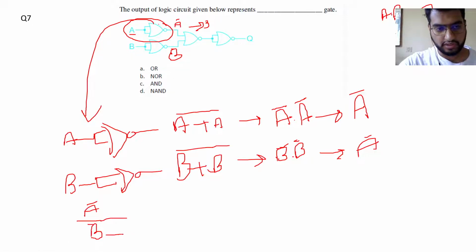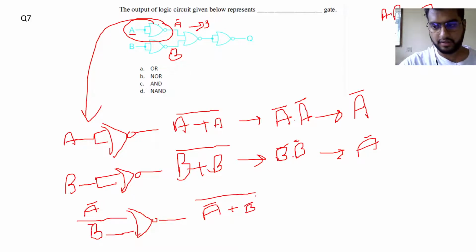So these two inputs are for this NOR gate. The output will be (A dash or B dash) whole complement, which will be simply A bar bar dot B bar bar.